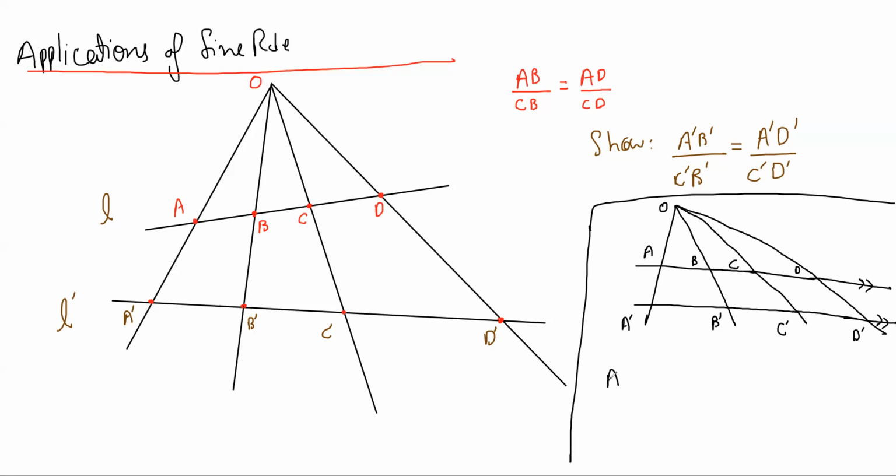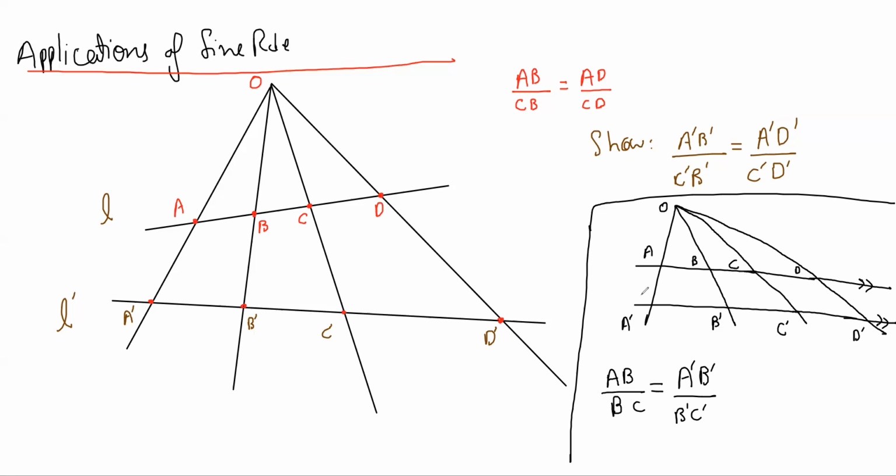AB by CB should be A dash B dash by B dash C dash, right? So you said it directly. That's nice, because you can actually see it. This is not a theorem, and this is something which you have to prove. But Aparna, are you okay with this? Yes, sir.